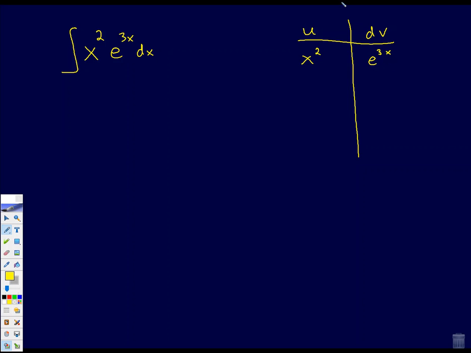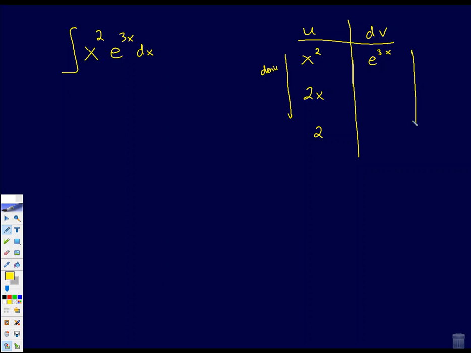Now, if you remember, in the 3 steps, I kept finding derivatives of x squared, because in the next round, u became 2x. I'm going to keep finding derivatives here, so the derivative of 2x was 2, and remember, we needed all of those in the way we did this last time. All down this column, we're finding derivatives.